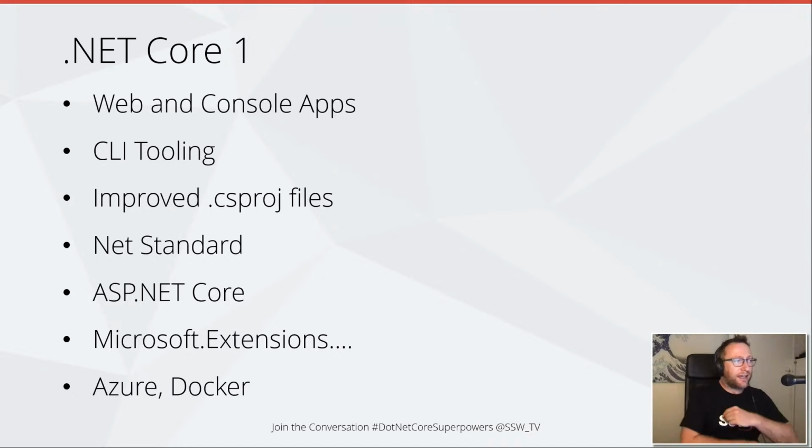But another key thing you get here with .NET Core 1 is the underlying runtime, the underlying framework that has stayed throughout .NET Core. So we're talking about CLI first tooling, where previously in .NET, it was notoriously bad for doing anything that wasn't using Visual Studio.